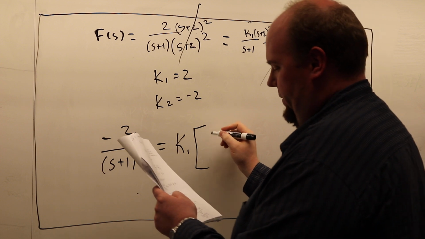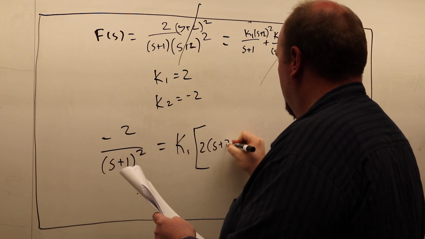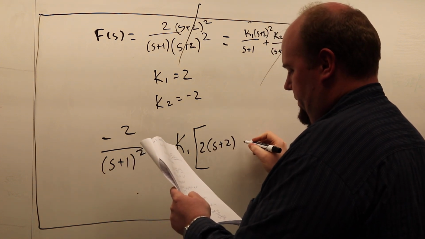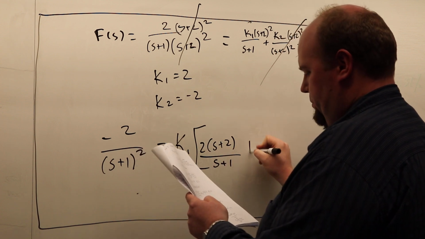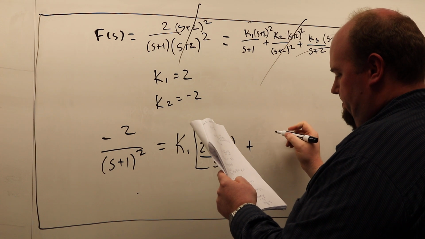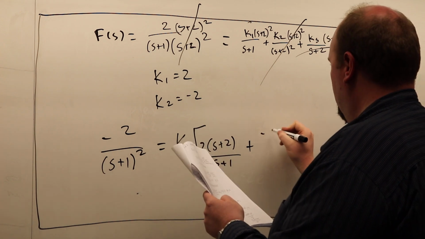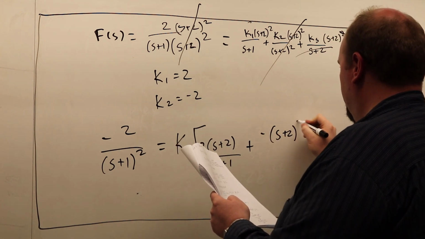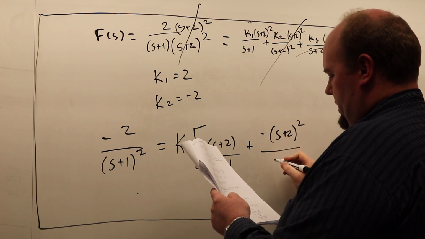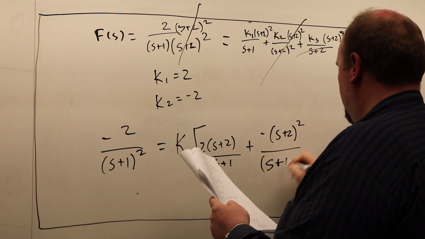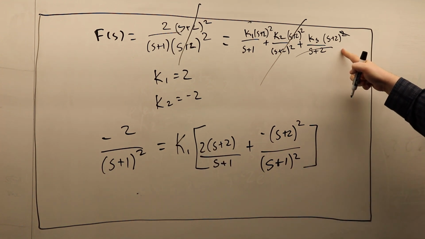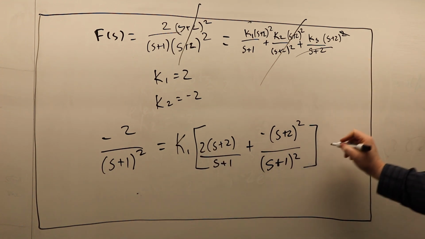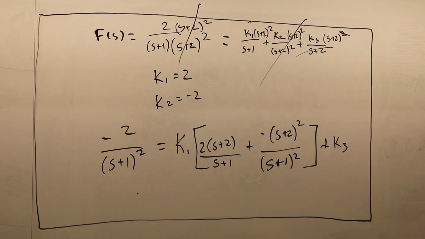And we get 2 s plus 2 divided by s plus 1 plus negative s plus 2 squared divided by s plus 1 squared. And then lastly over here, what's the derivative of this? It's just going to be k3.